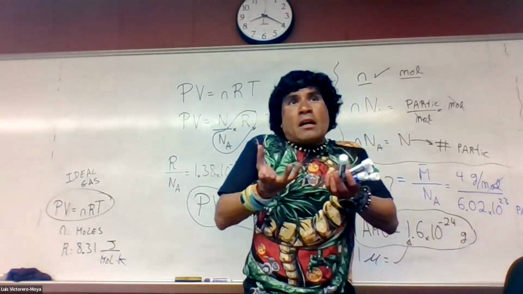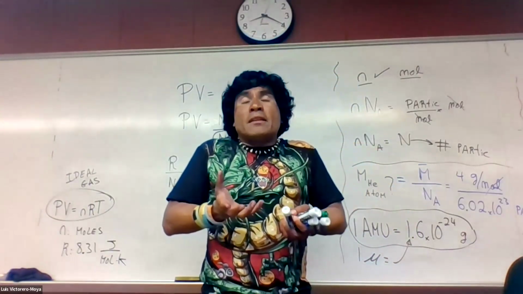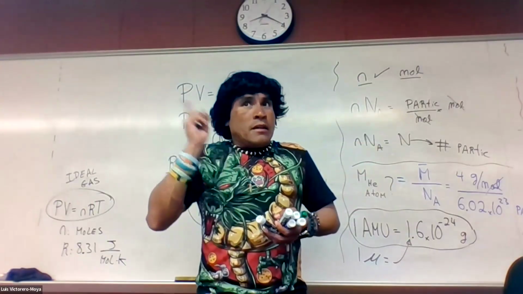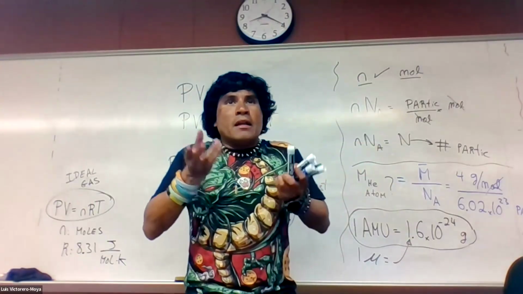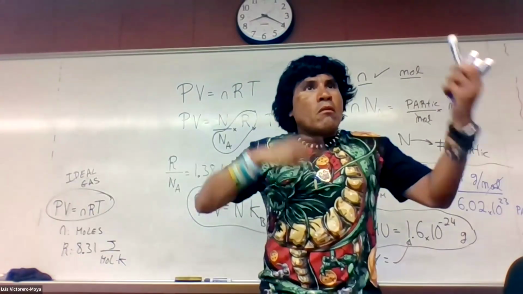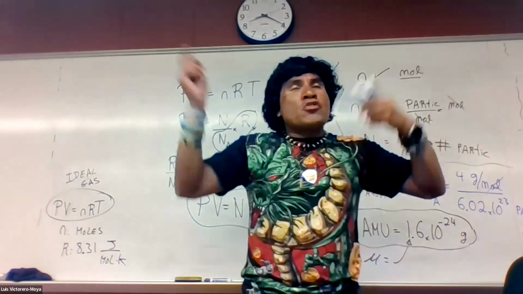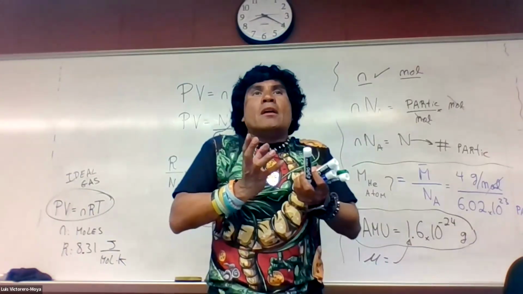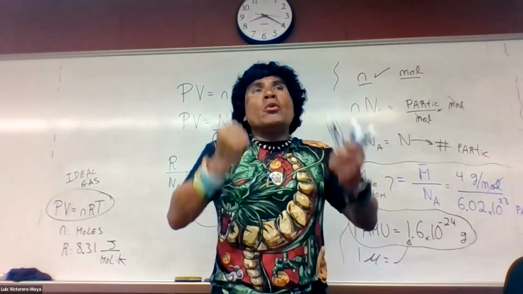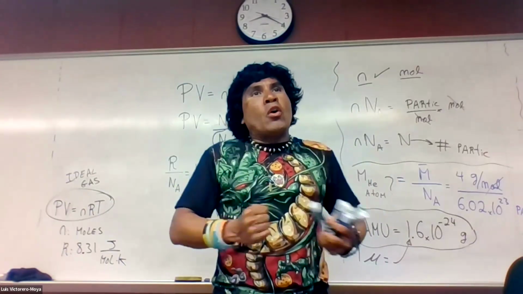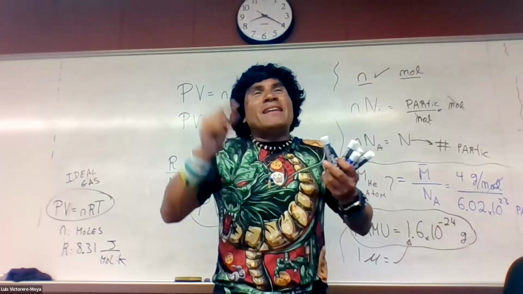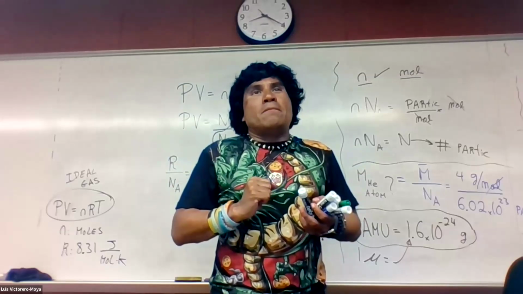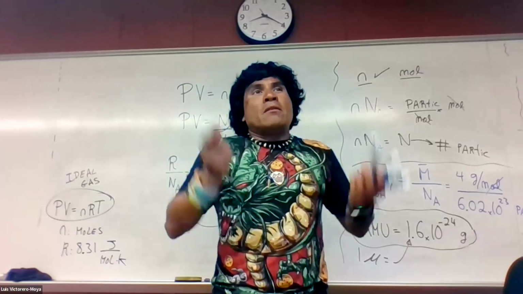You see the container has a gas. The gas is made of particles. And guys, you're going to hear this again next semester. But these particles are moving in random motion. We can find what we know as the root mean square velocity of the particles. It's basically the average velocity of the particles.